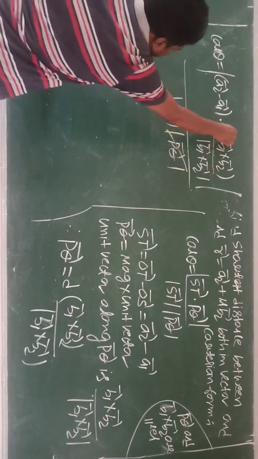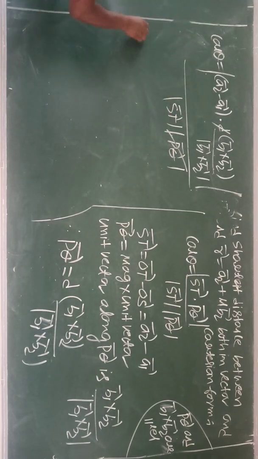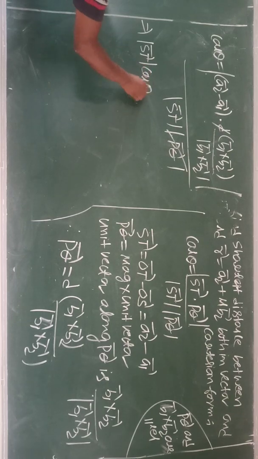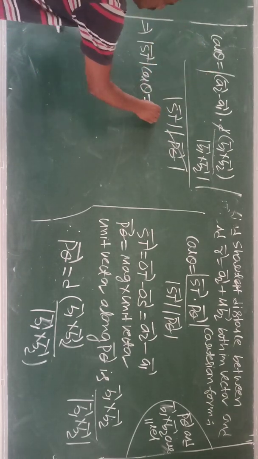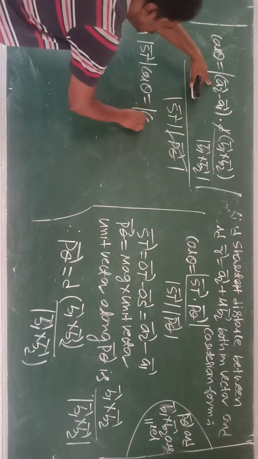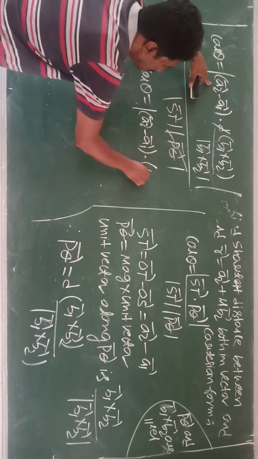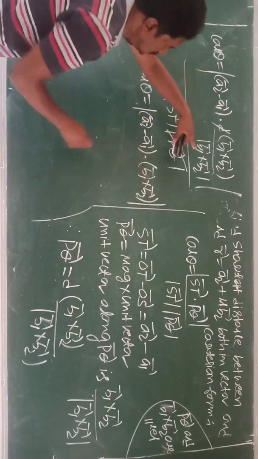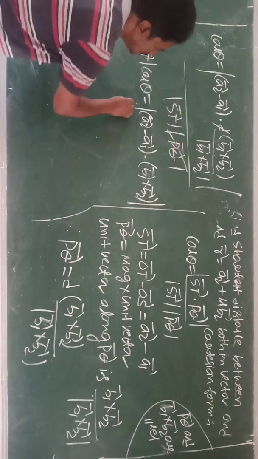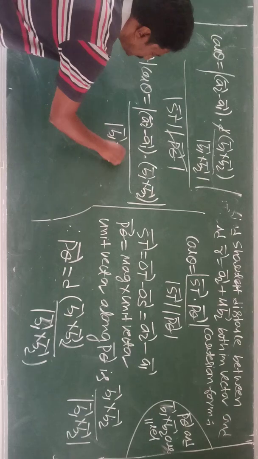D gets cancelled. Now bring this side. Cross multiply. That implies ST cos theta is equal to mod of A2 minus A1 dot B1 cross B2, and in the denominator you write the magnitude of B1 cross B2.